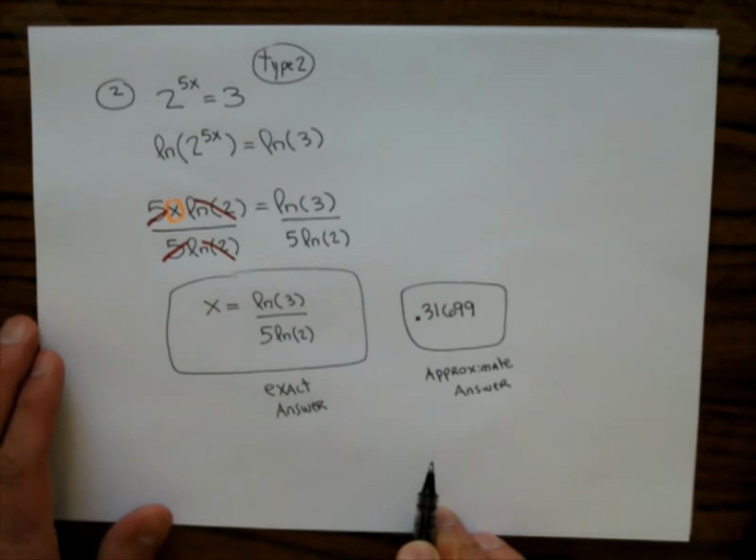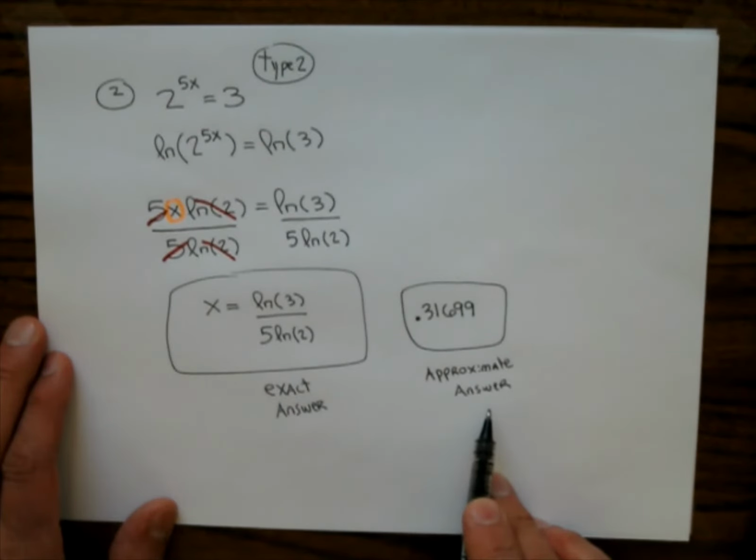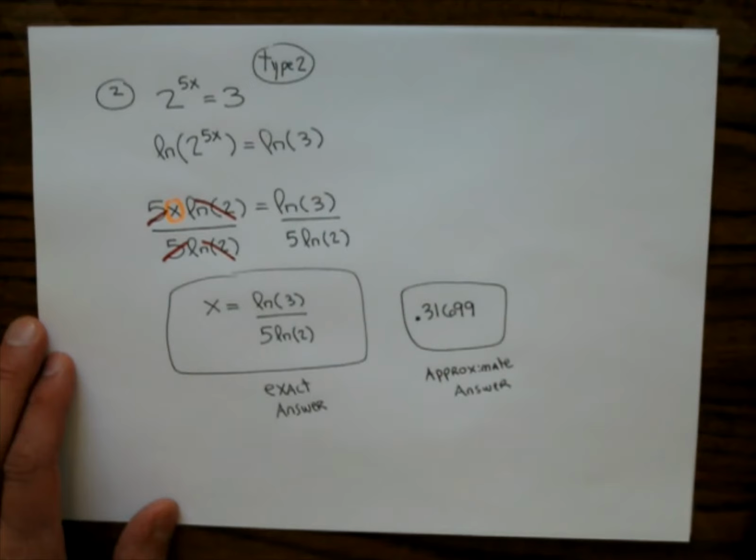There's a time and a place for approximate answers, and a time and a place for exact answers. I'm going to check something on my calculator really quickly, to make sure I got the right answer. Okay, I think I did that right.